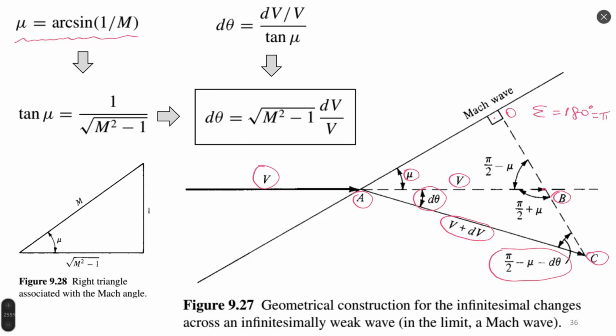And it tells us all other angles, for example, this one, and near point B there are also two angles which we might be interested in. Once we know all these geometrical relations in our triangle according to theorems of geometry, and we know the vector values V plus dV, we can find the relation between d theta and dV.